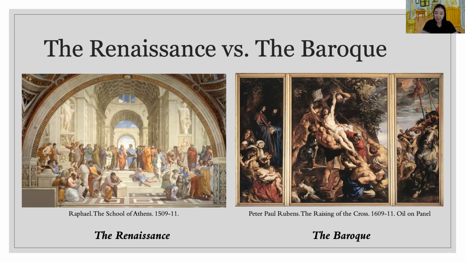On the other hand, Rubens' painting is focused on the subject, not really following the perspective rule, and it shows deep contrast with bright highlight and very dark shadow. And also the movement is dynamic and the whole painting mood is very emotional.